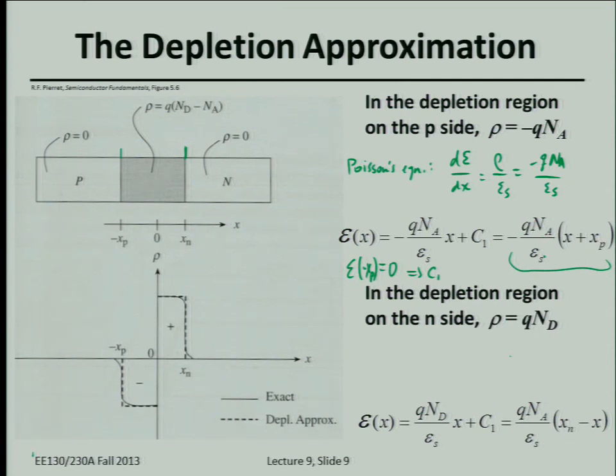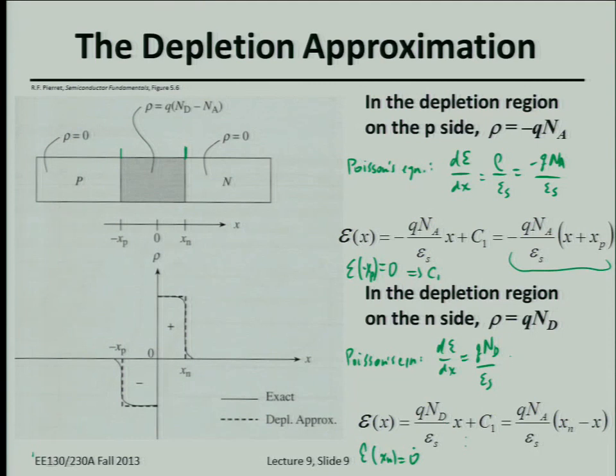Okay? So similarly, on the n side, you can apply, again, Poisson's equation. So that's dE/dx, the electric field, is equal to q ND over the permittivity of silicon. And again, the electric field at x equals xn is equal to 0. So that is how you solve for the constant here.